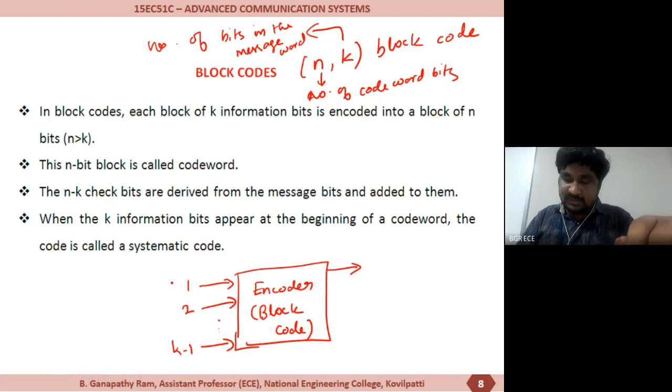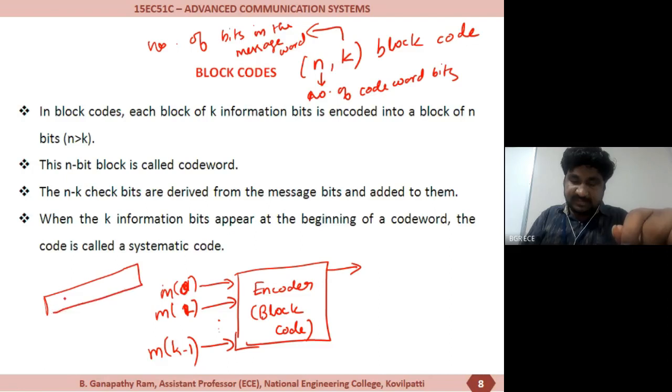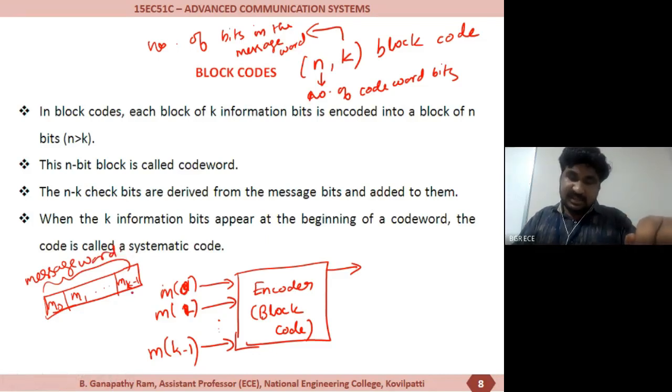Let us assume these are m of 0, m of 1, and up to m of k minus 1, because the message will be represented as m naught, m1, up to m k minus 1. And m naught is the most significant bit in the message word, whereas m k minus 1 is the least significant bit of the message word.